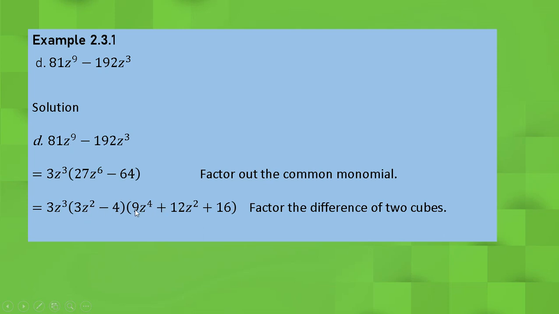So, that's 9. And then, the multiplication, 3 times 4, plus 16, because 4 squared. Remember that this is the difference of two cubes. So, the signs are minus plus plus. If this is addition, it is plus minus plus. We have to remember these operations.